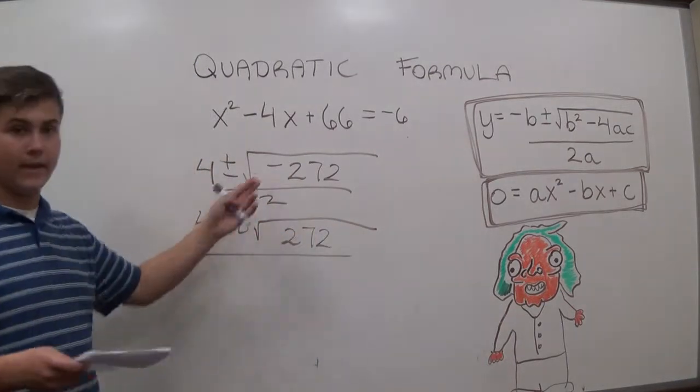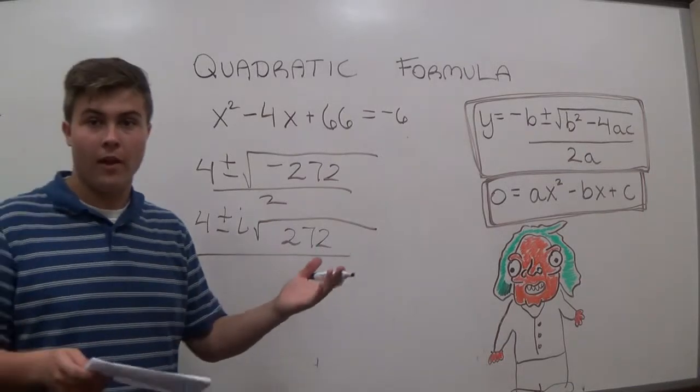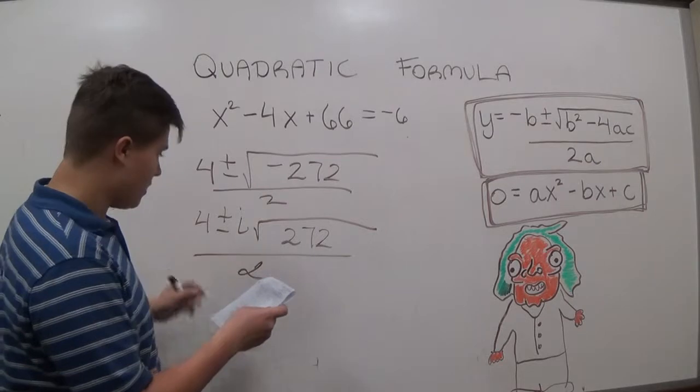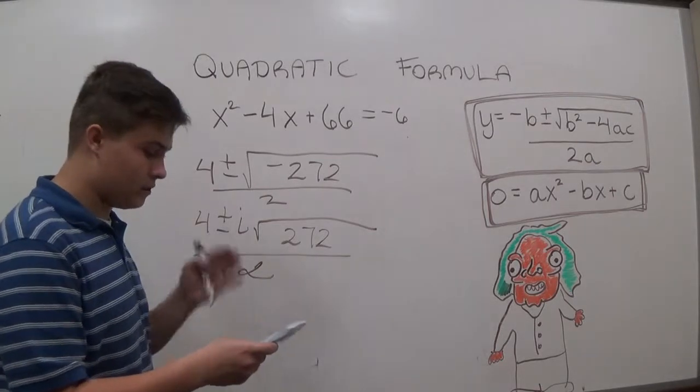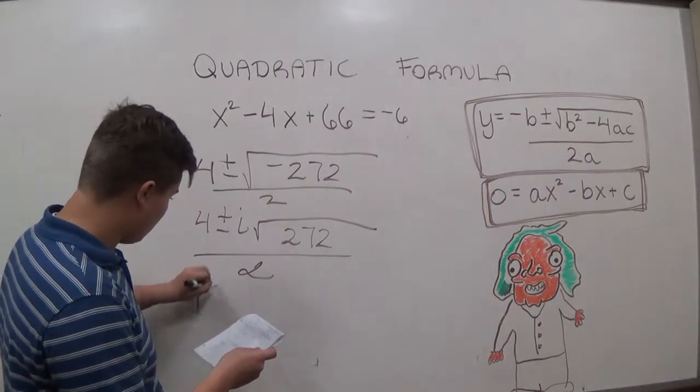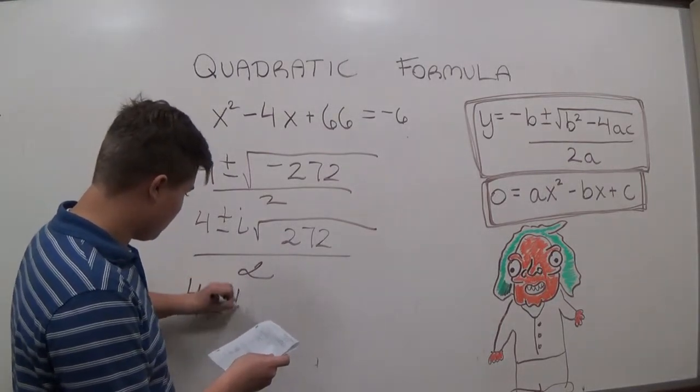You want that i because you can't have a negative square root. That's just silly. The next thing is, since we just did that, the 2 and the 2 and then the 17, we're going to have 4 plus or minus 4.